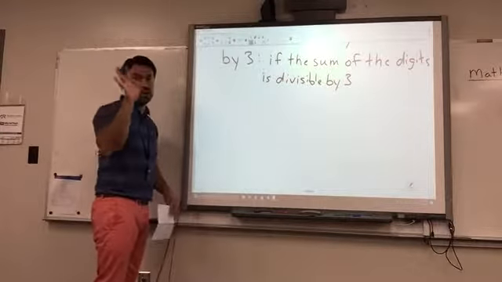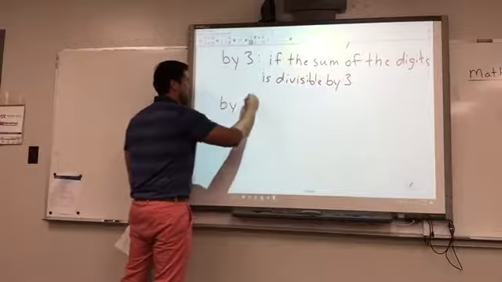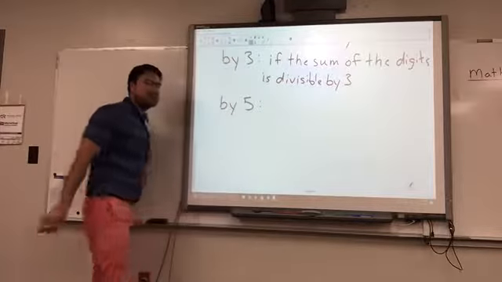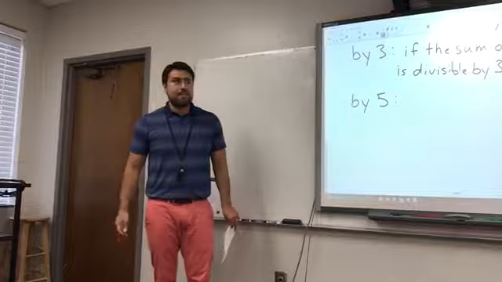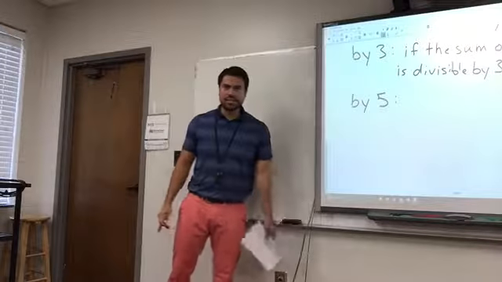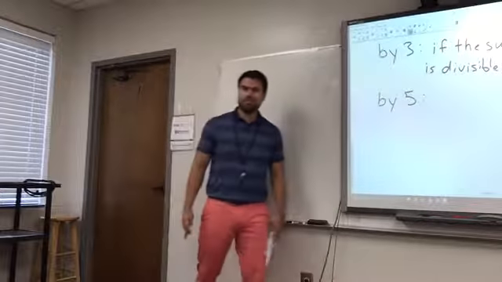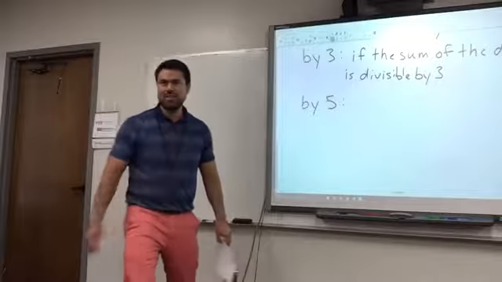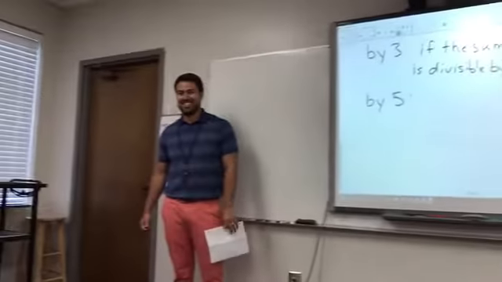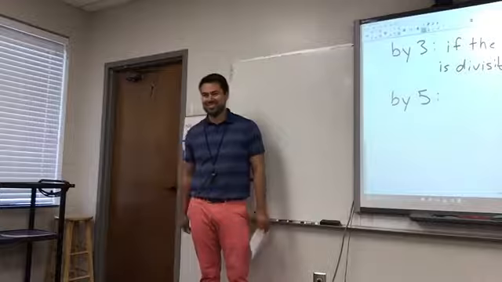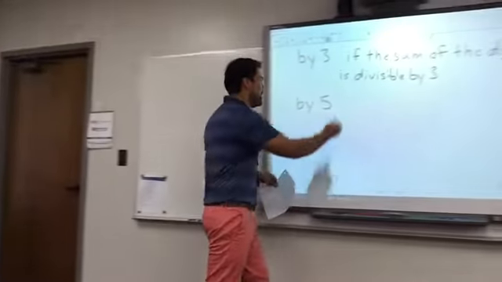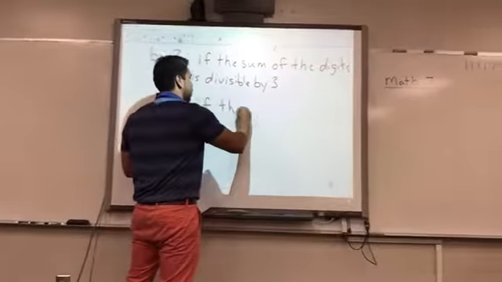All right, does anyone know? I'm going to skip 4 for now. Does anyone know the divisibility rule for 5? This one's a nice one. There is a 4, but just skip it. I'll get to that later. Peter? Joshua? If this ones digit, not that one, sorry. 0 or 5. Okay, if the ones digit is 0 or 5.